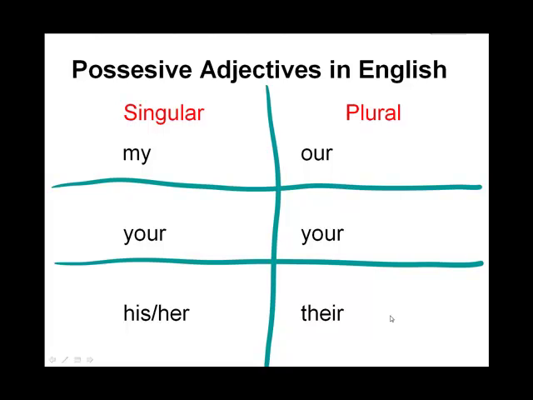Possessive adjectives in English. We should learn this by heart. My, your, his, and her are for one person only, and our, your, and their is plural. They might refer to more than one. For example, I have my pants. My here refers back to I. First person singular.